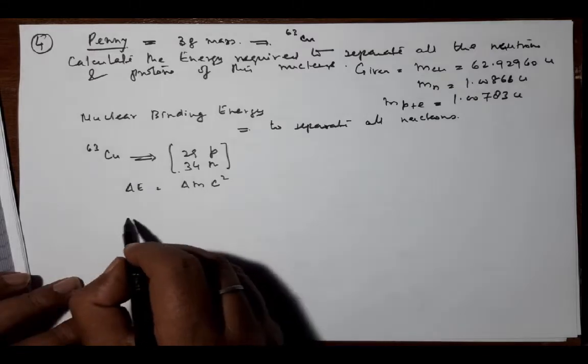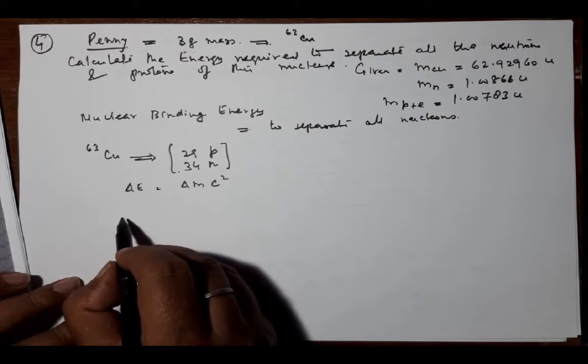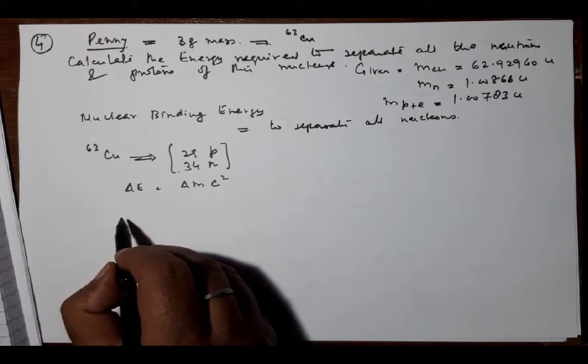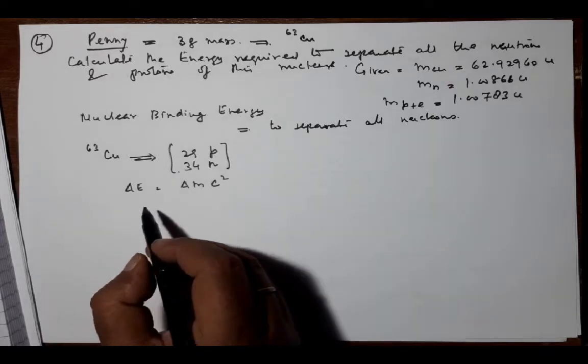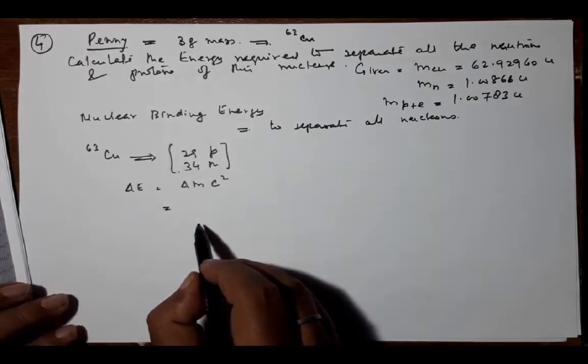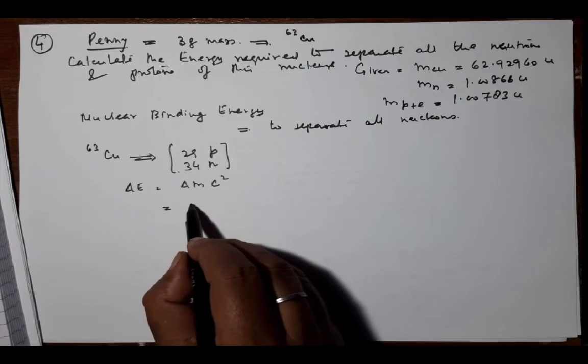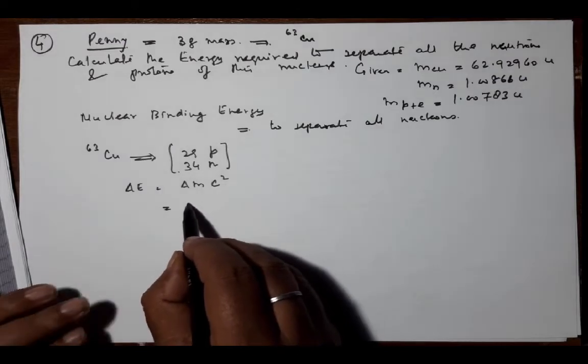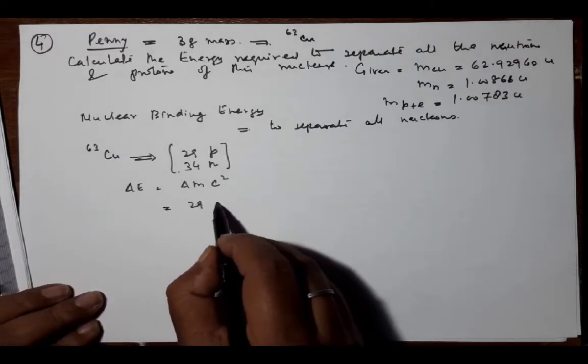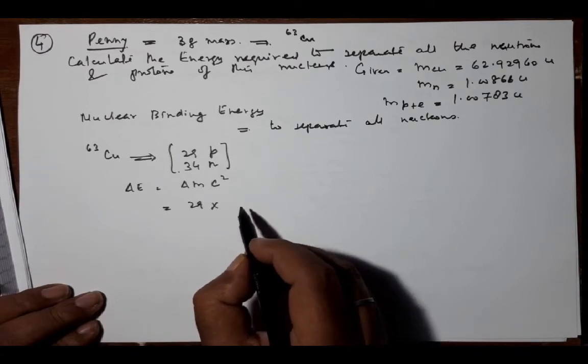So delta m is nothing but delta E over c square. Now we can write what is the mass of 29 protons.